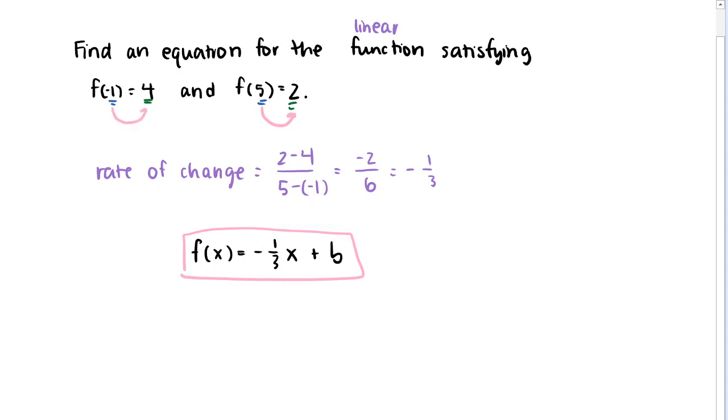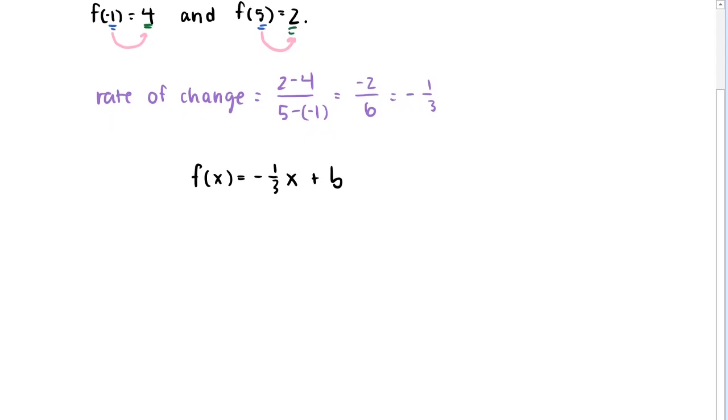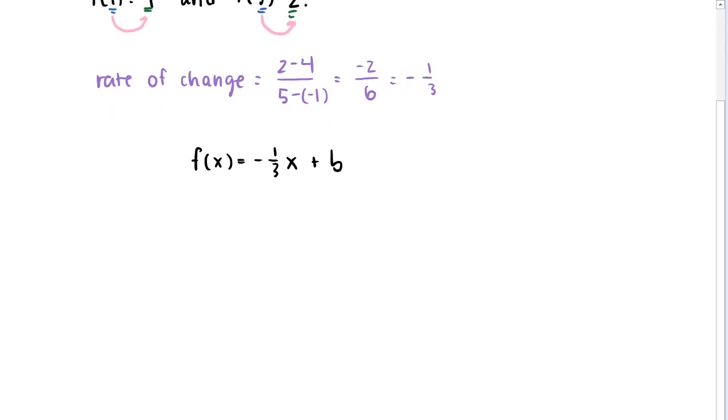And so we can use this fact to figure out what b needs to be to bring our x value of 5 to a y value of 2, or an x value of -1 to a y value of 4. The points must satisfy the equation of this function, if this is really going to be an equation of the function.